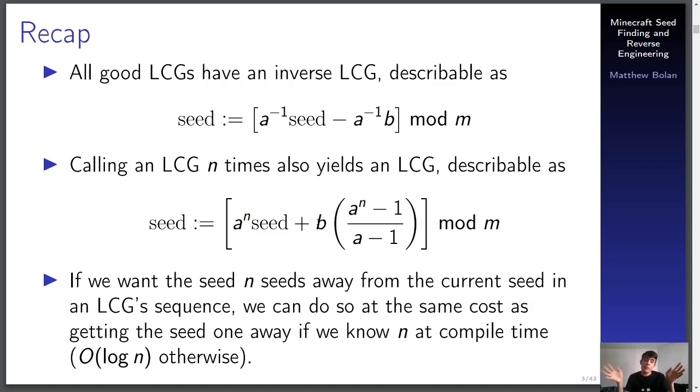And in particular, because LCGs are very fast to calculate, this formula gives us an efficient way to jump forward or even backwards n calls. And if you care, there's some complexity information at the bottom of the slide.